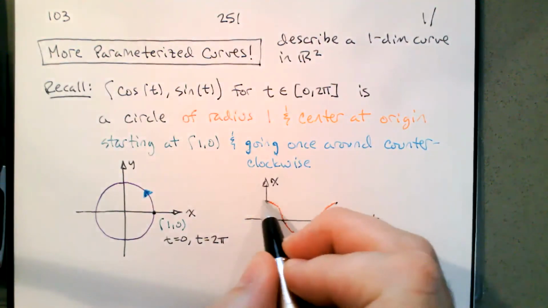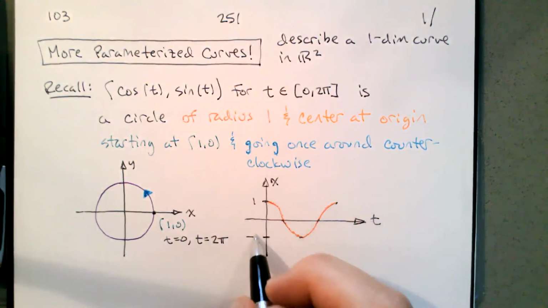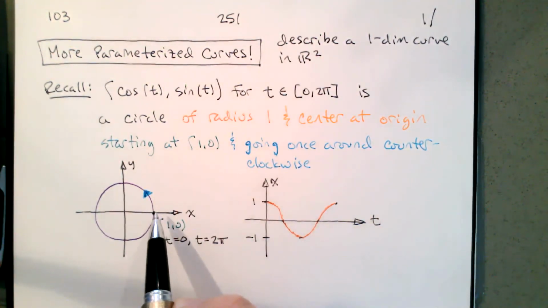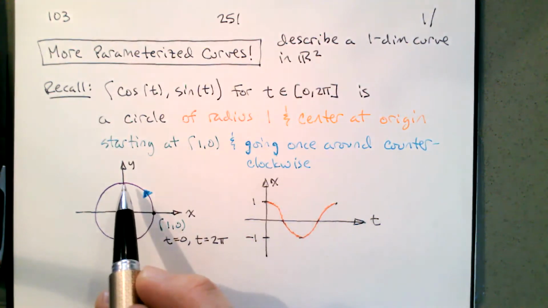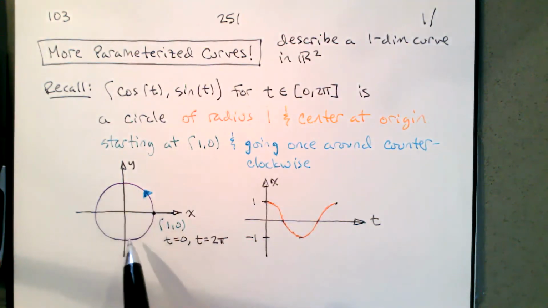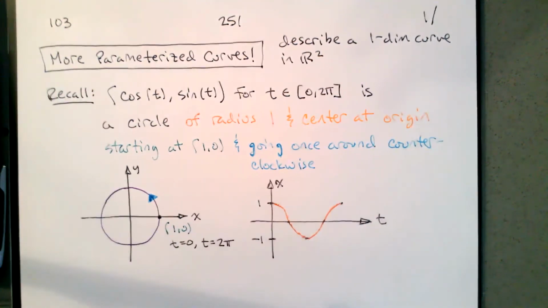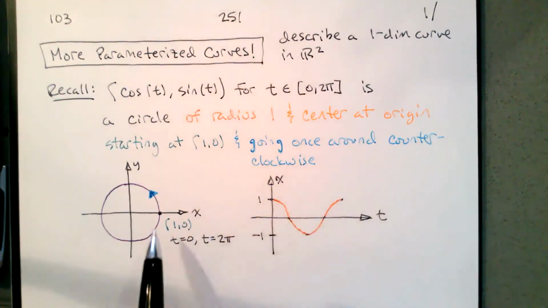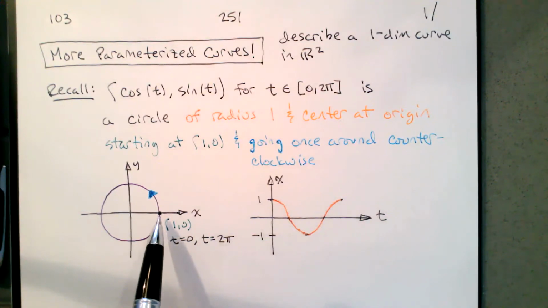The x coordinates are starting off at 1, dropping down to -1, and then coming back up to 1. The x coordinate starts off at 1, hits 0 at pi over 2, -1 at pi, 0 again at 3 pi over 2, and back up to 1 at 2 pi. So when we see this graph of cosine going down and then back up, we're watching the x coordinates go down and then come back up.